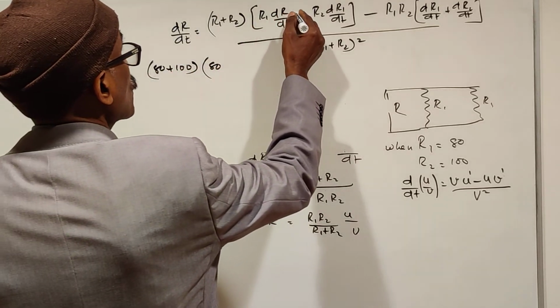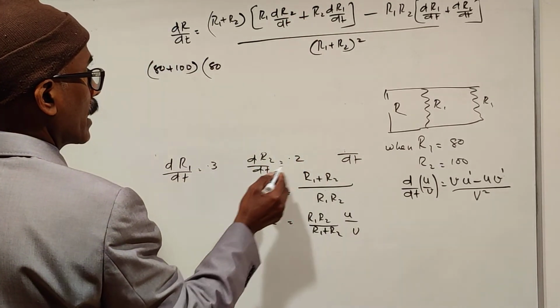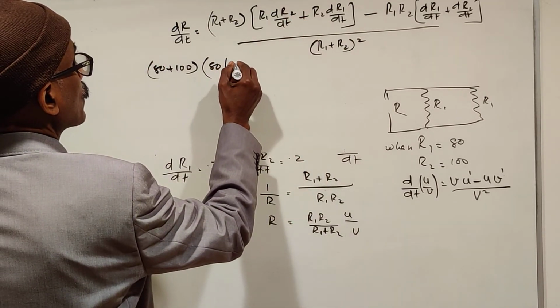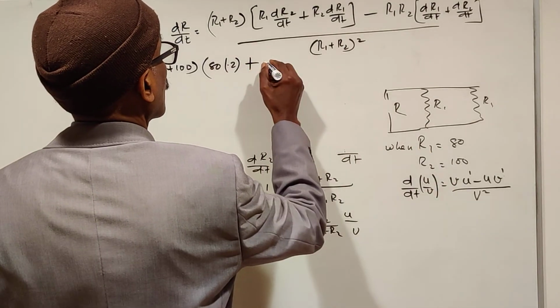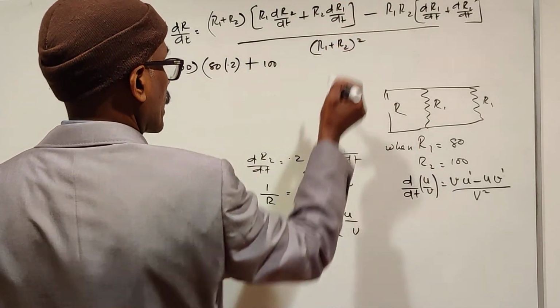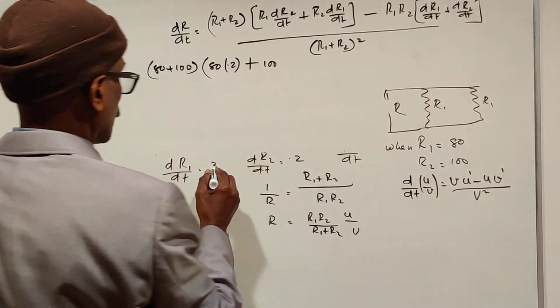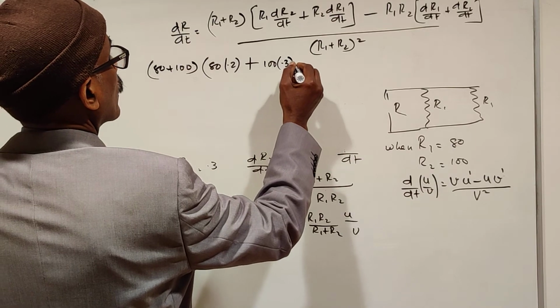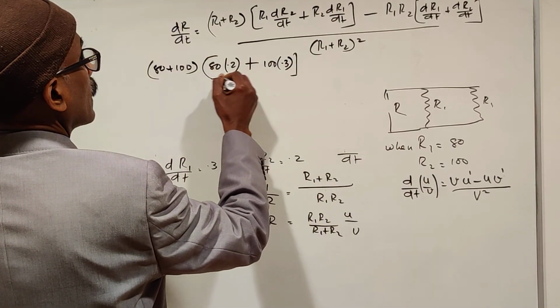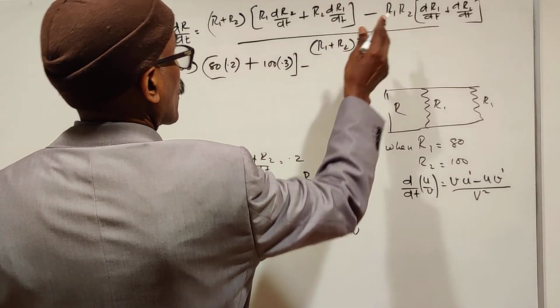What is dR2 by dt? dR2 by dt is 0.2, plus R2 is 100, times dR1 by dt, 0.3. Close the bracket.